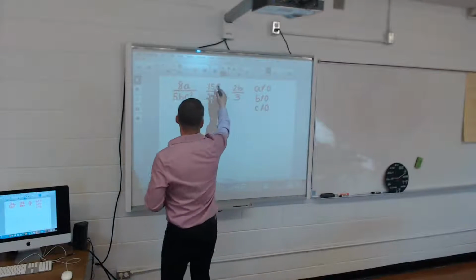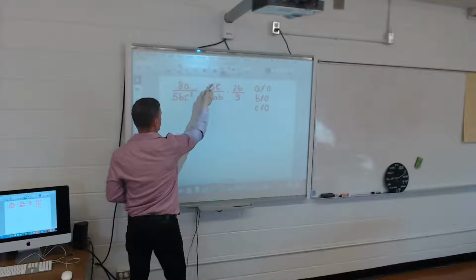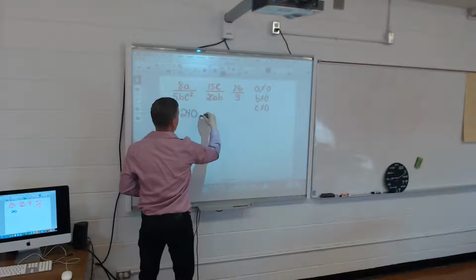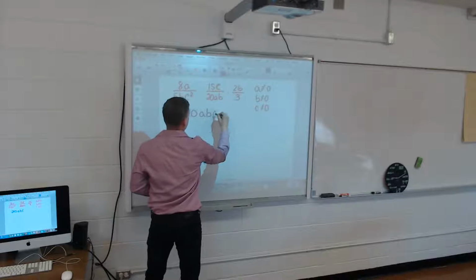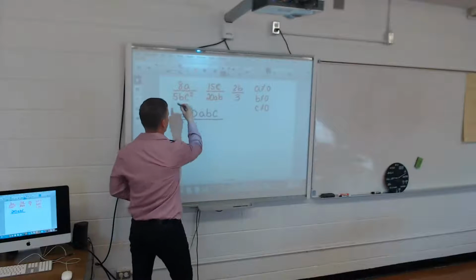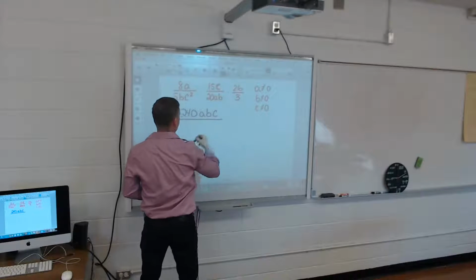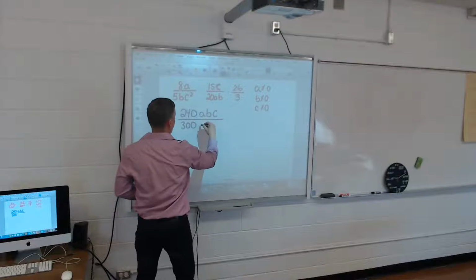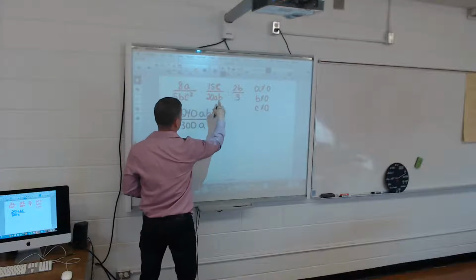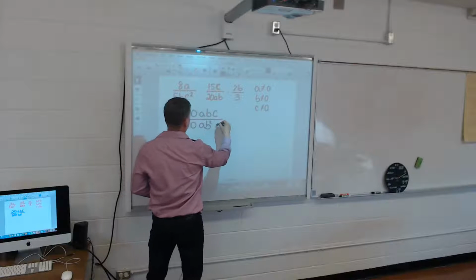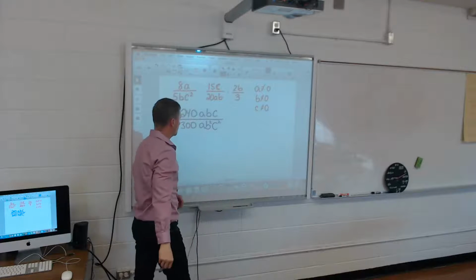So I have 15 times 2, which is 30. 30 times 8 is 240. A, B, C on top. On the bottom, 5 times 20 is 100, times 3 is 300. And I have an A, B times a B, which is a B squared, and a C squared on the bottom.